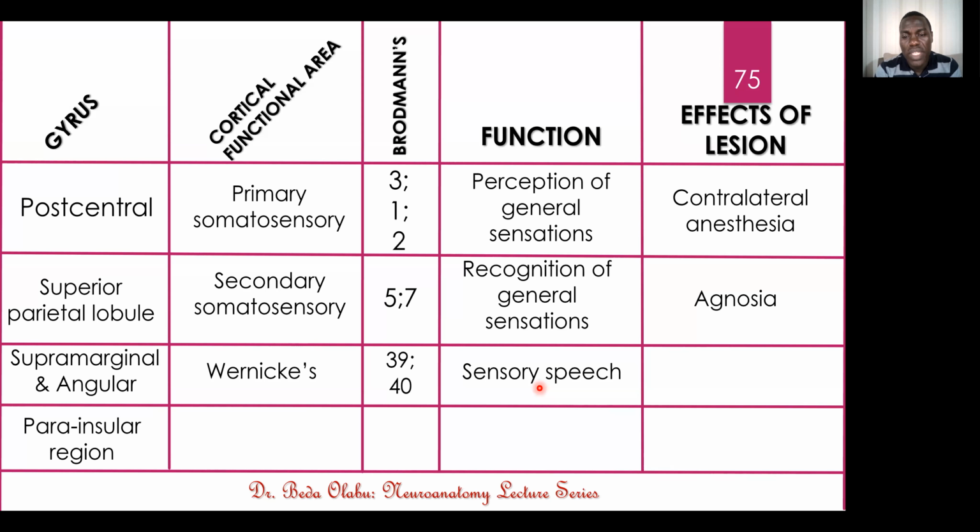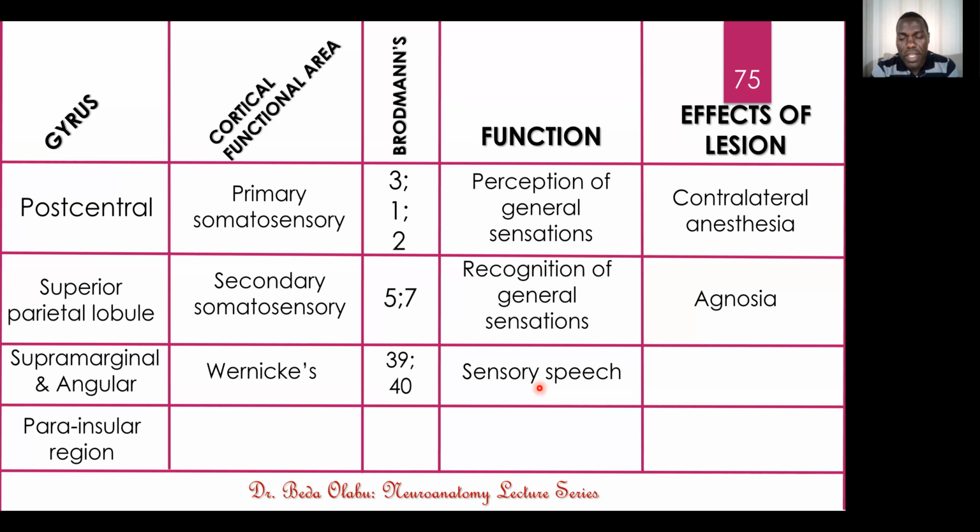That ability to understand language is what you're calling sensory speech. The Wernicke's cortex extends partially into the temporal cortex. So there's some part of Wernicke's area still on the temporal cortex, but a bigger part is in the parietal cortex.